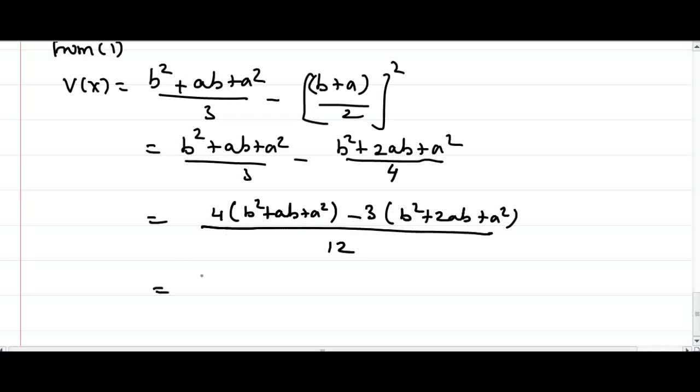If you simplify this, we get the variance of x value. Multiply 4 into the first term and minus 3 into the second term.